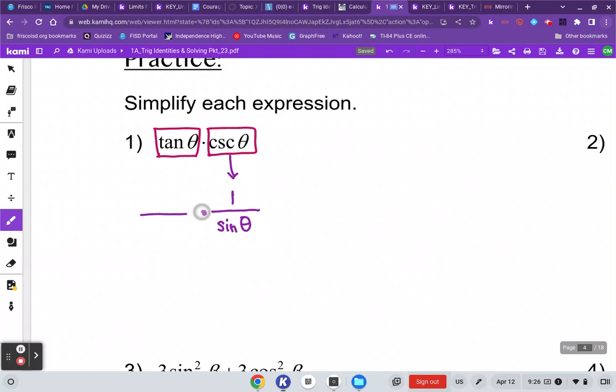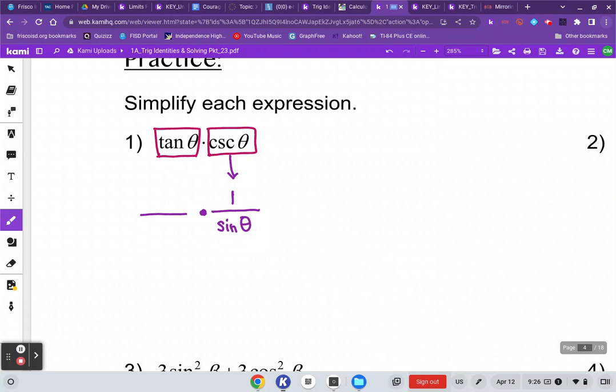Now, I know from some previous examples that tangent has a couple of options. You know, it could be 1 over cotan, or it could be the more commonly used sine over cosine. So perhaps I would choose to substitute in place of cosecant first, since it only has one choice. There's really only one thing that I can put in place of that. Instead of cosecant, I can write 1 over sine.